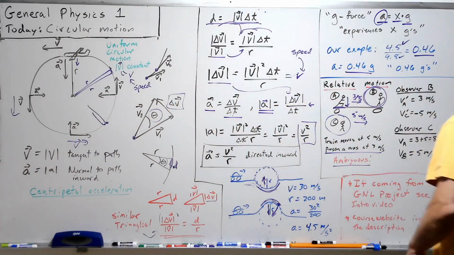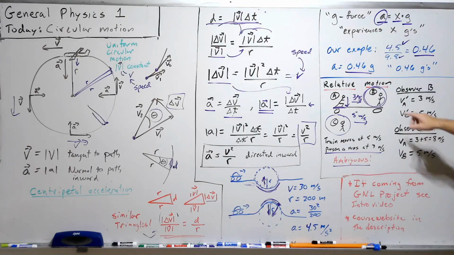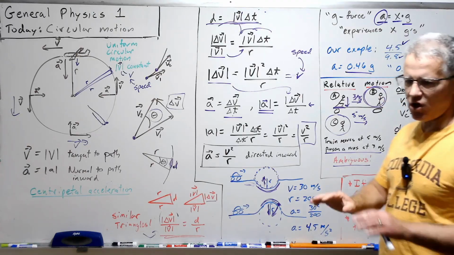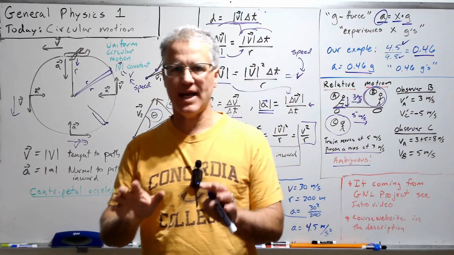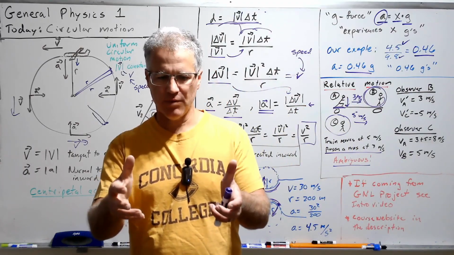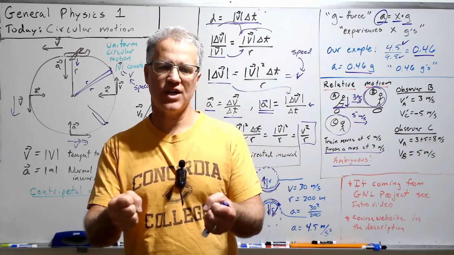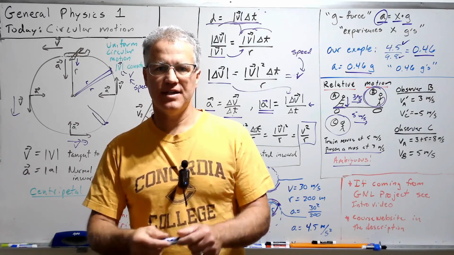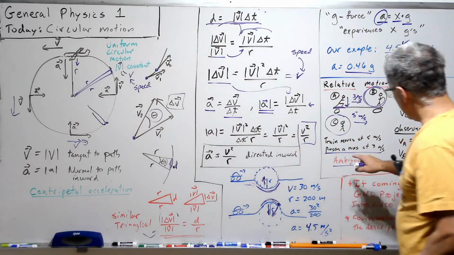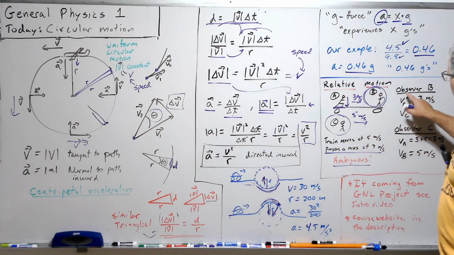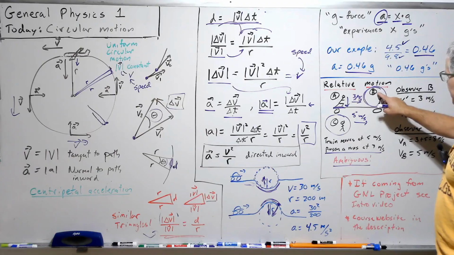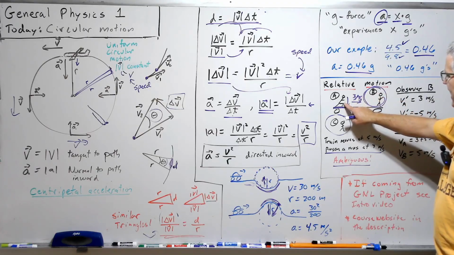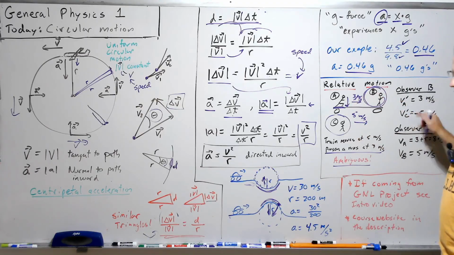So for observer B, we're going to say they're in the primed system. So whatever we report, we're going to put a prime on it. When we're talking about velocities or speeds, we'll put a prime on it. So we would say from person B's perspective, person A is moving at 3 meters per second.